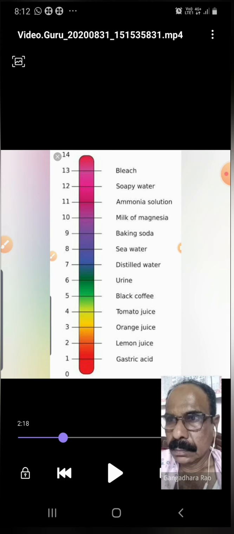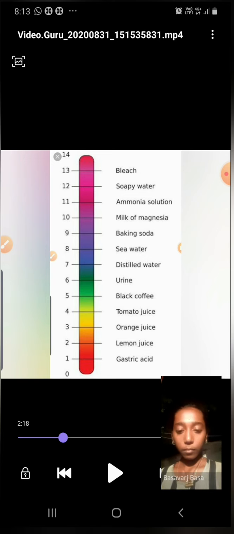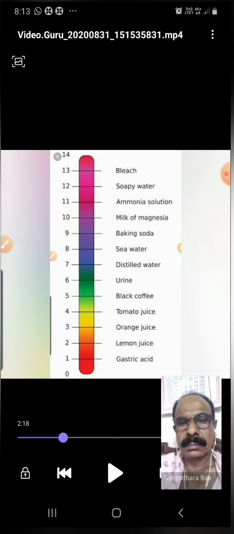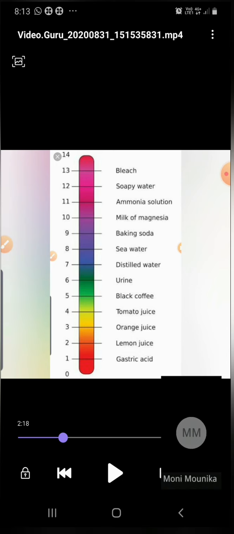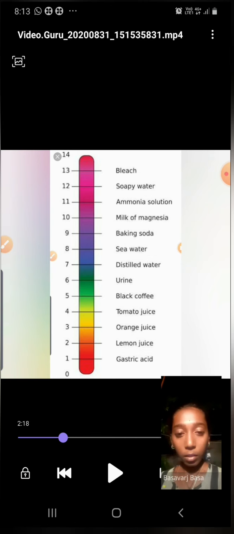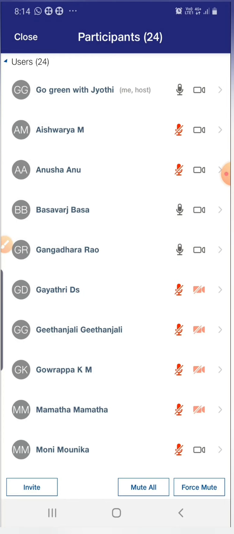Seawater, baking soda, milk of magnesia, ammonium solution, soapy water, bleach, all these are examples of bases. And distilled water is neutral as the number is 7. So 0 to 7 all are acids. From 7 to 14 they are bases. Exactly at 7 they are called neutral solutions.